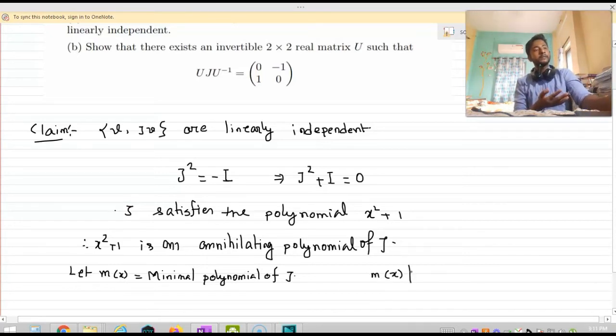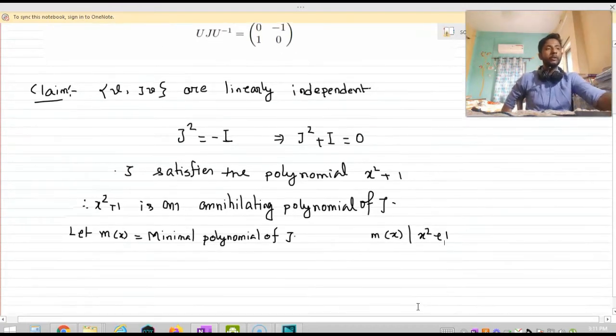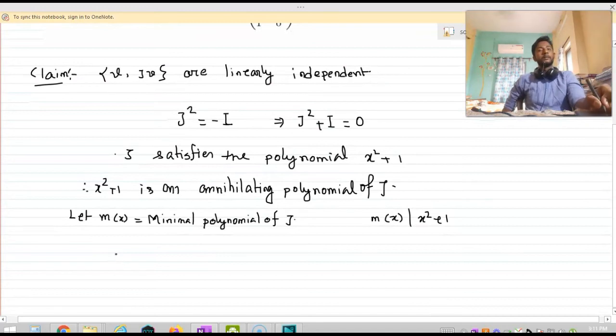Hence m(x) divides x square plus 1. As the roots of x square plus 1 are complex, we can conclude that the roots of m(x), the minimal polynomial, are not real. Therefore m(x) has no real root.